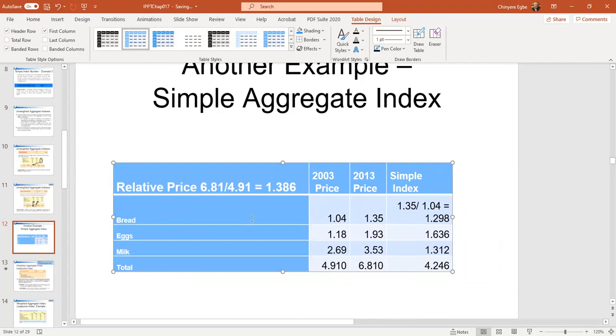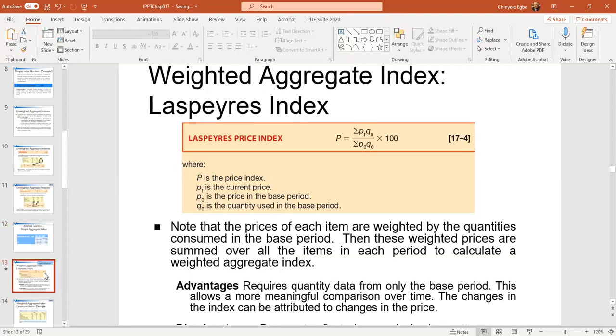So relative prices will be $6.81 divided by $4.91, which is 1.386, or an increase of 38.6%. So that is what is called a simple aggregate index. You just compare the prices, but you do not include quantity.